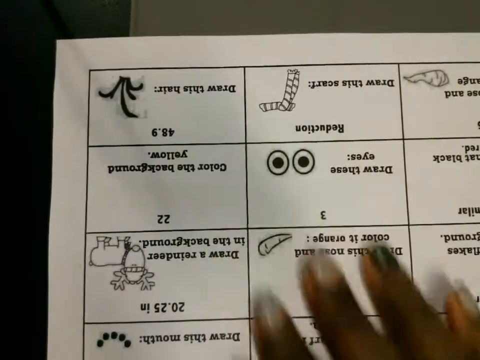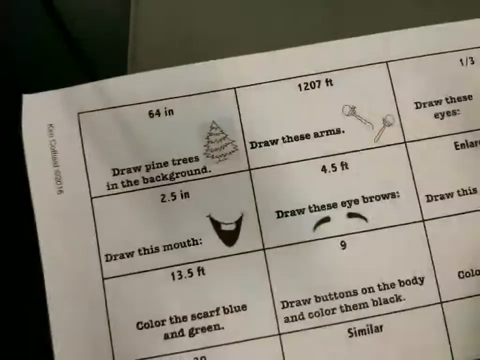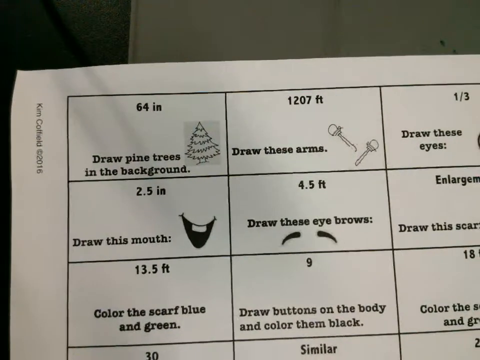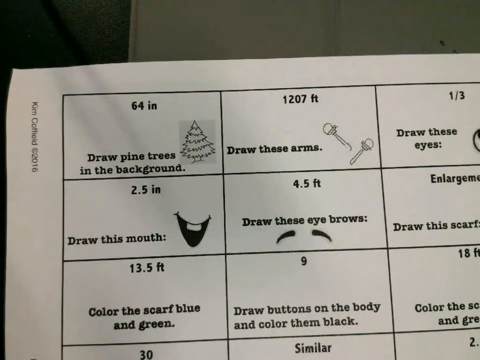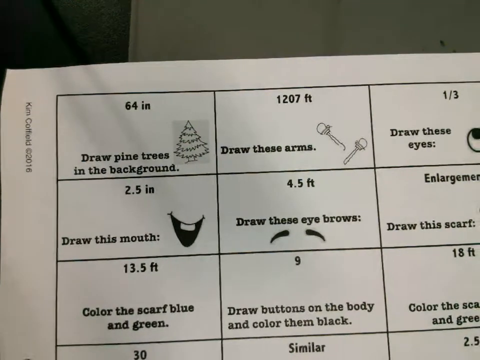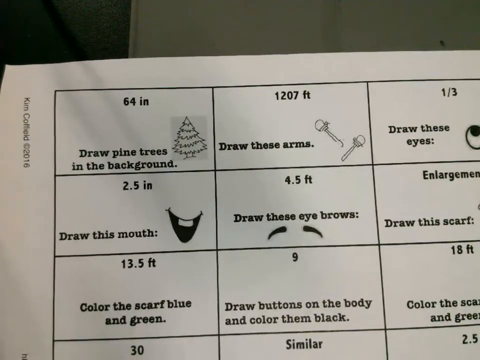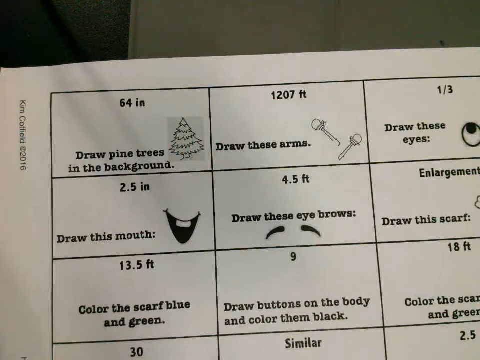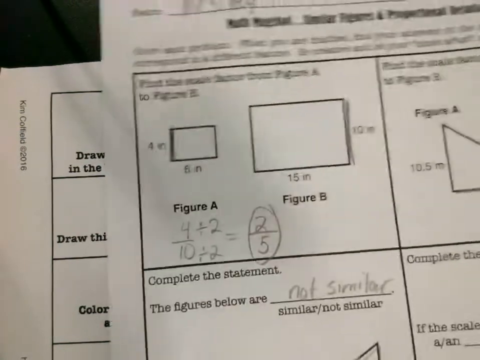Your snowman is going to look a certain way if you have it right. Okay? And then you're going to color it. Any questions? All right, I'm going to walk around to assist you.